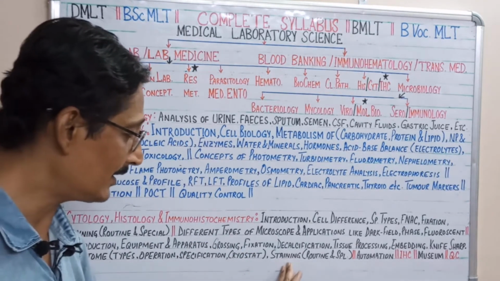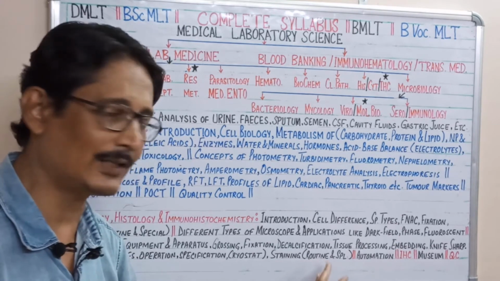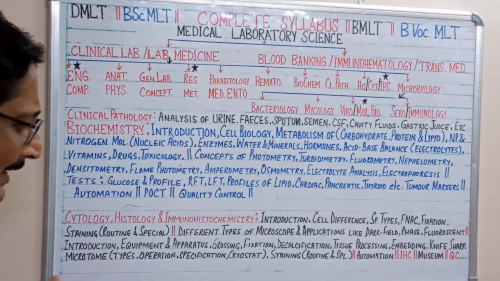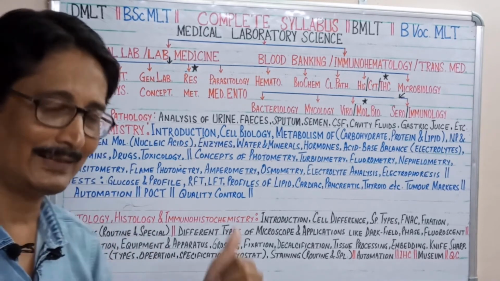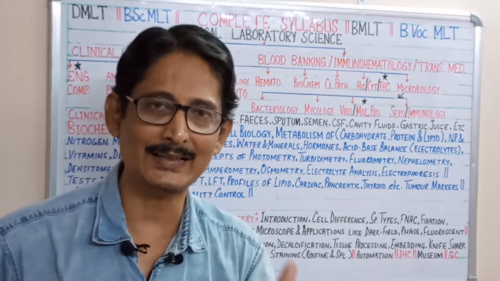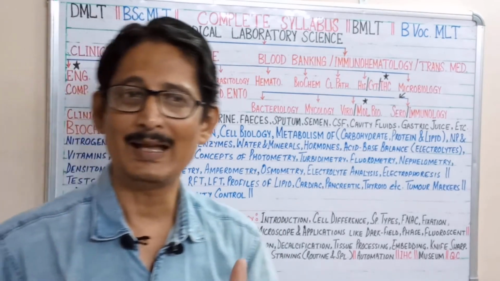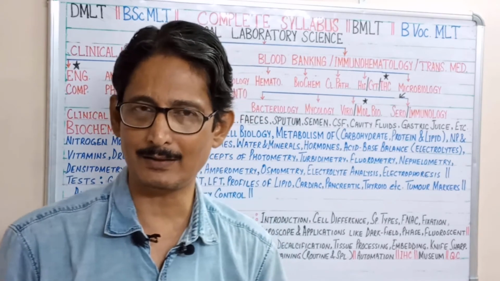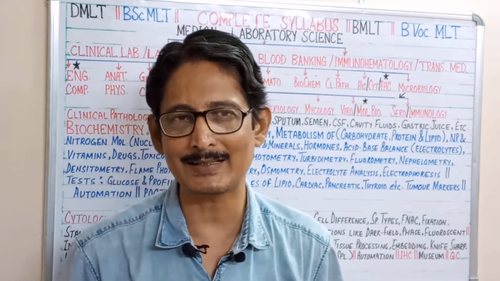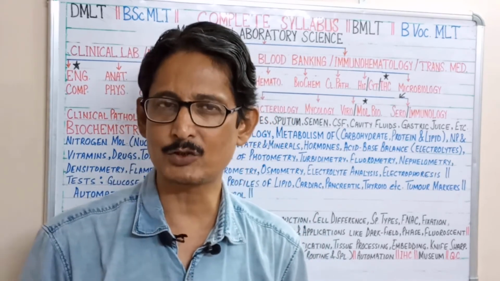And in the staining techniques, that is routine and special, there are several special staining techniques. There is another thing: the histological lab is again divided into two parts. One is the biopsy histological lab and the other is the autopsy histological lab.